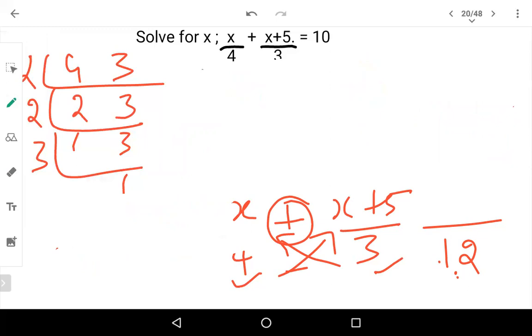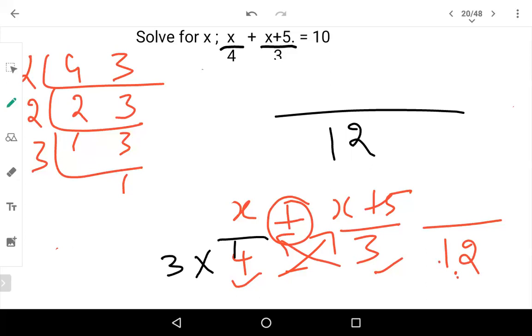I have 12 in the denominator. What is my first expression in the equation? x by 4. Now, if I multiply 4 into 3, I get 12. 4 3s are 12 or 3 4s are 12. So, I multiply 4 into 3 so that I get 12.